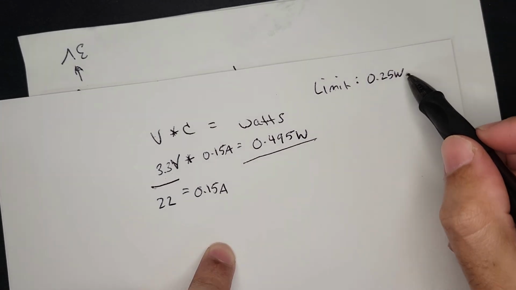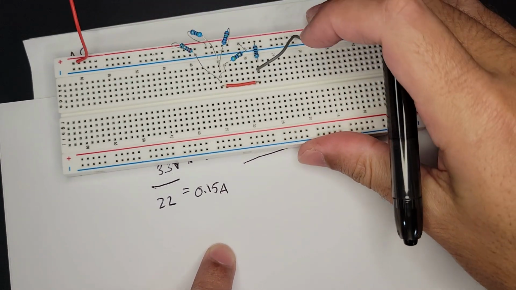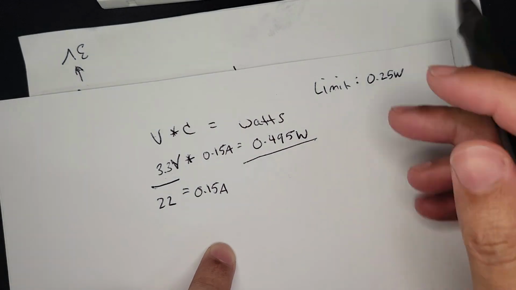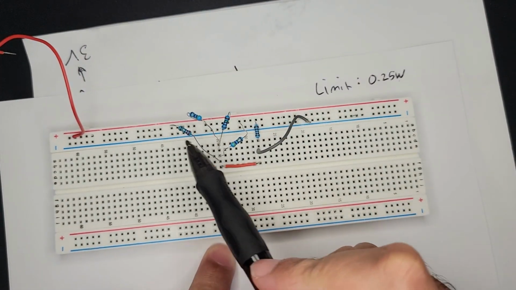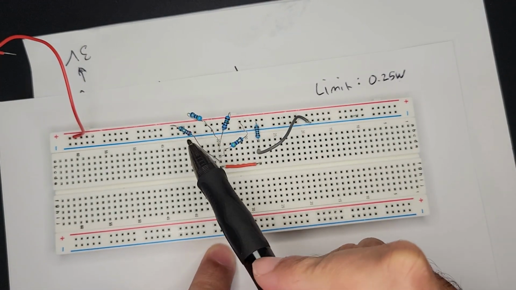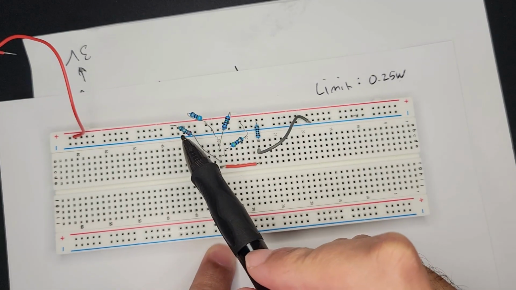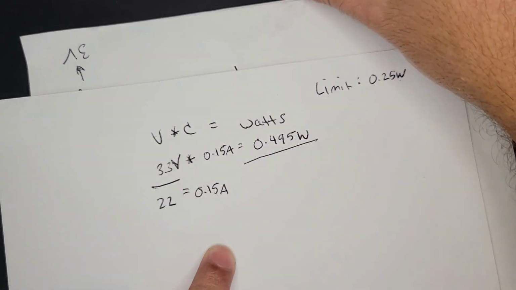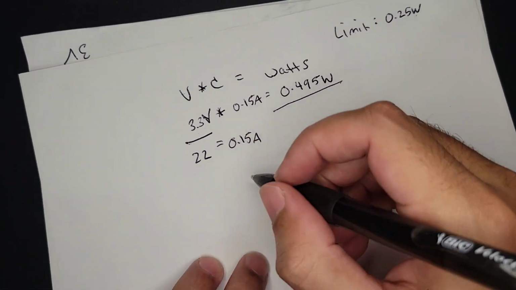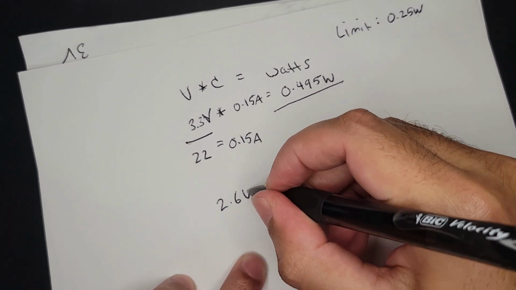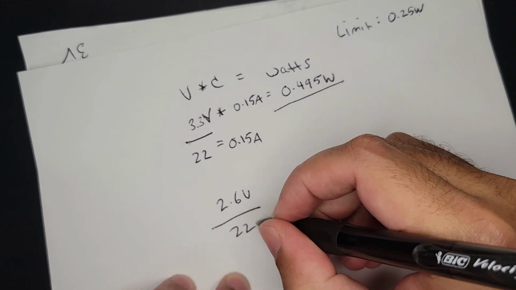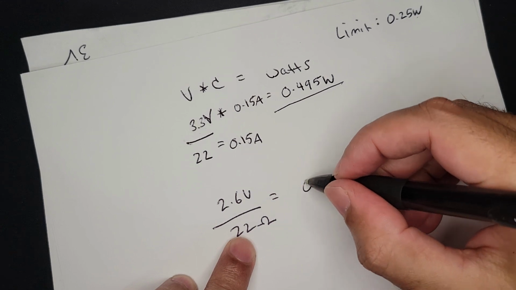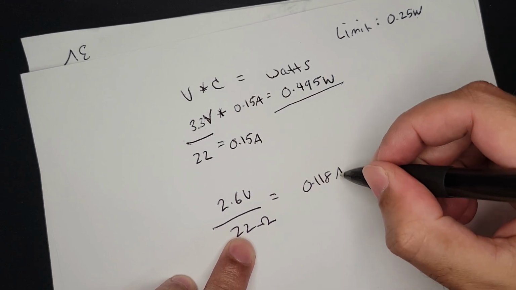So I think that's why we're getting such a fluctuation on the current. Instead of it being 330, it's 260. And I think when I measured one of these, I won't do it again because I don't want to plug this in, but since they're getting very hot, I think, when I measured the voltage across these, I think it was 2.6. So if I do the calculation again, 2.6 volts over 22 ohms, right, to get the current, that result is 0.118 amps.